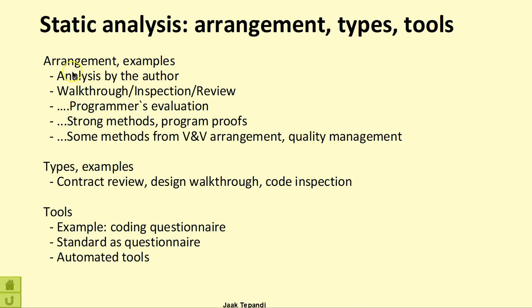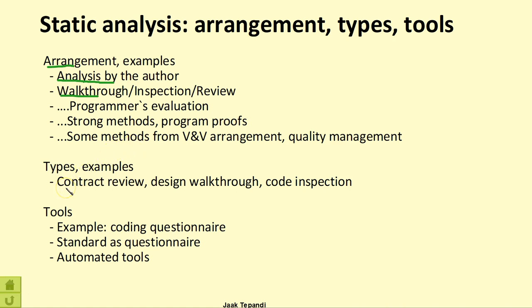Examples of static analysis arrangements include analysis by the author, walkthrough, and some others. We could include some strong methods such as program proofs and simulations in static analysis, but in the current course we restrict ourselves to usual walkthroughs, analysis, and so on.